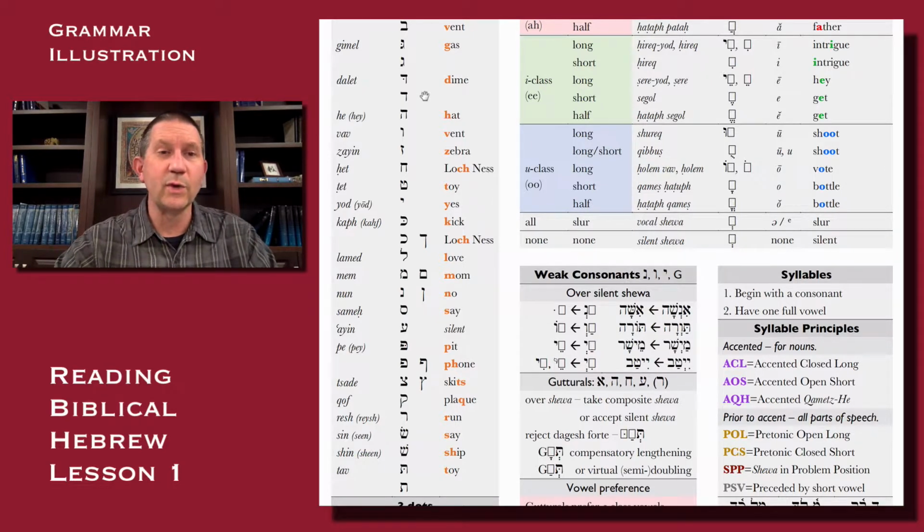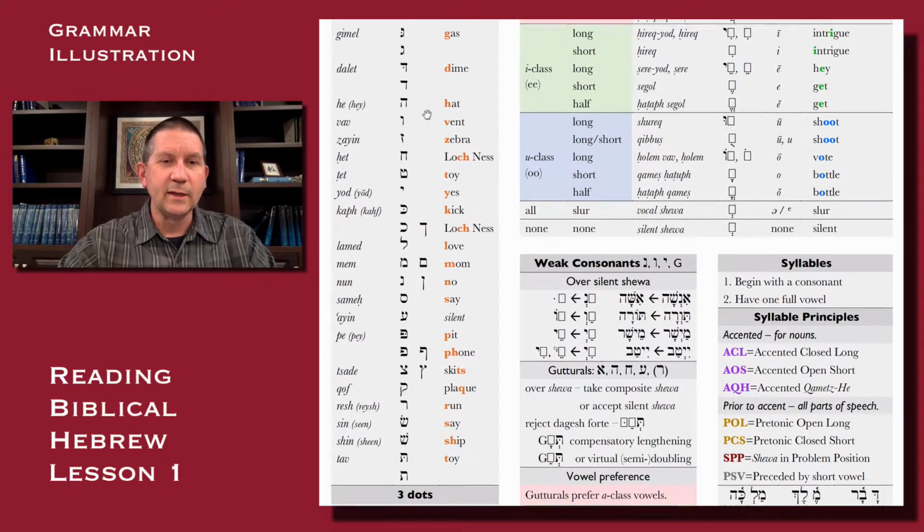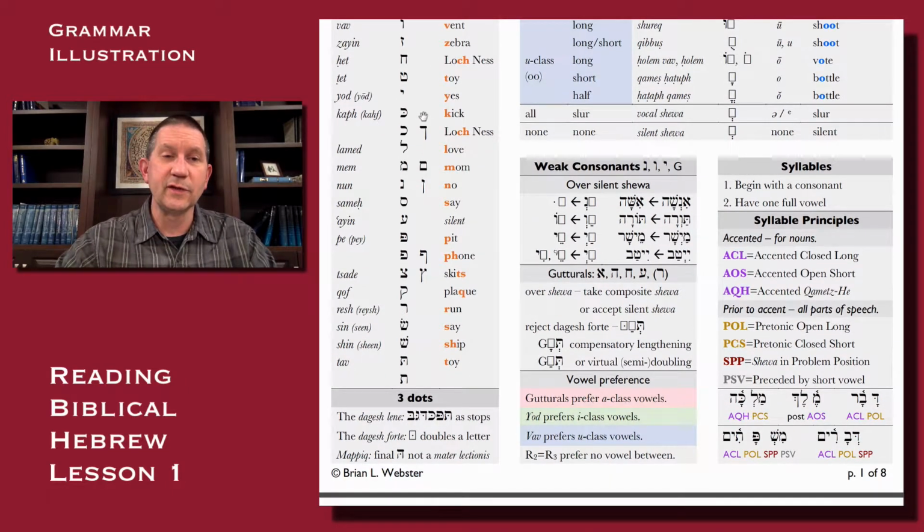And your professor might want you to pronounce it distinctly that way, and if that's what your professor wants you to do, you should do that. We also have a difference in the letter kaf. When it's following a vowel, like it's ending a syllable or something like that, then it will make the same sound that chet does.